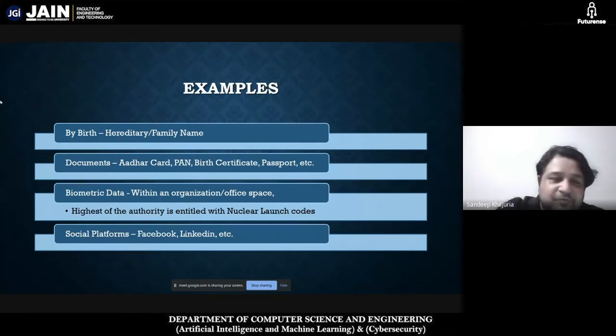Okay, so moving ahead, we have social platforms. Your documentation identity does not matter when you come to the digital world or the social platform. Either you can be anonymous or you can be yourself. That is totally up to you.